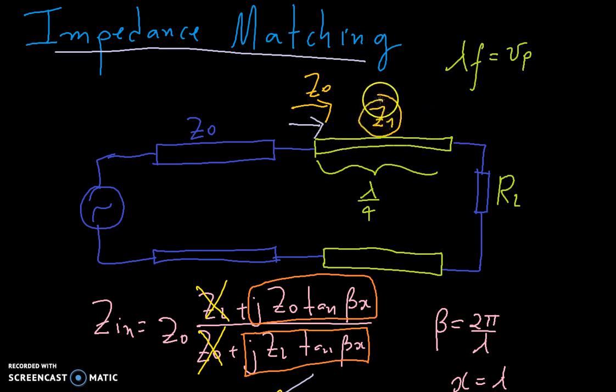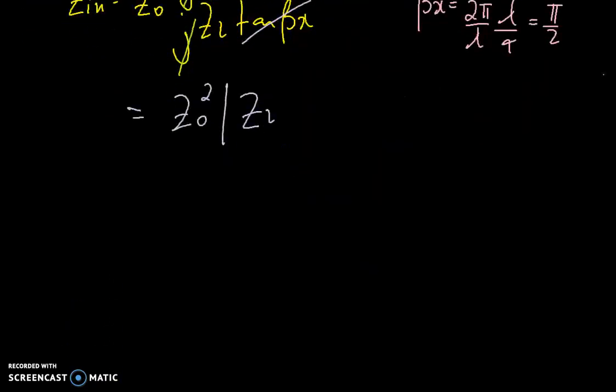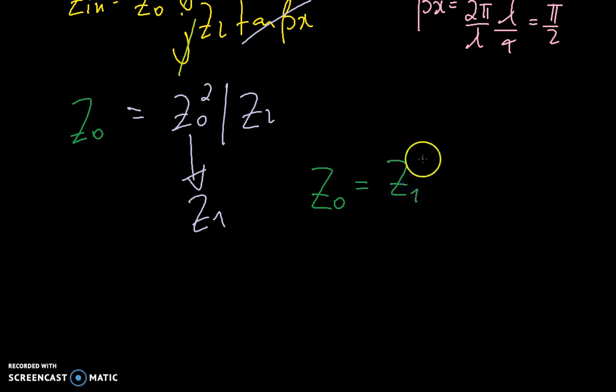So remember, we are trying to find the characteristic impedance Z1, and so in this formula here, this Z0 becomes Z1, and the input impedance that we are looking for is Z0.